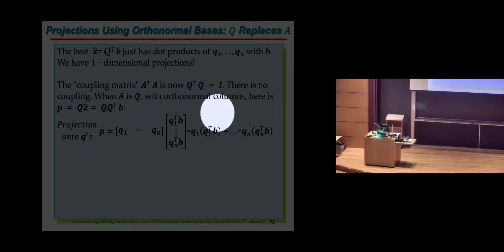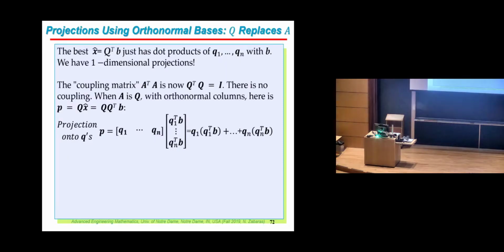So what is the projection of B in that case? Just B. So Q1 Q1 transpose plus, etc., plus Qn Qn transpose is equal to the identity matrix.